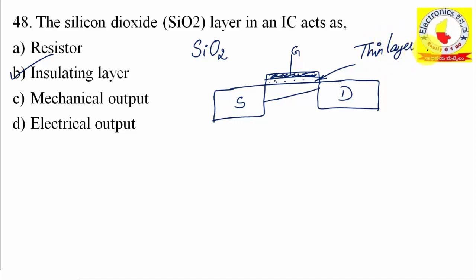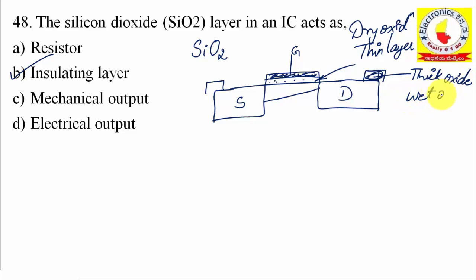right? For further information, dry oxidation is used here. So the oxidation process used is dry oxidation. But at the edges, in order to avoid this interference, what we do is we are going to pour thick oxide, and the oxidation process is wet oxidation.